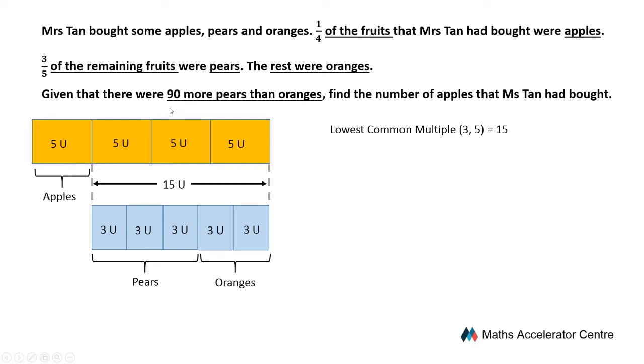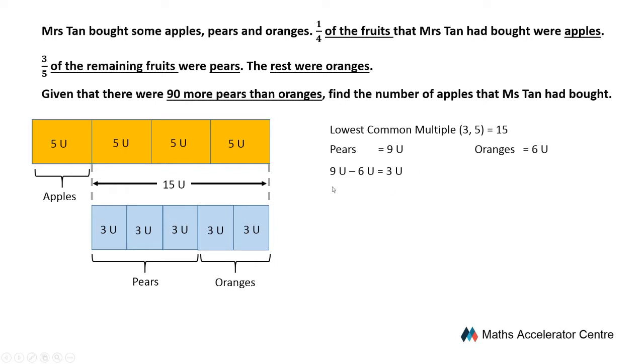So now let's focus on this set of keywords here that states that 90 more pears than oranges. So based on our model, we know that there are 9 units of pears and 6 units of oranges. The difference between the number of pears and the number of oranges, so 9 units minus 6 units, is 3 units.